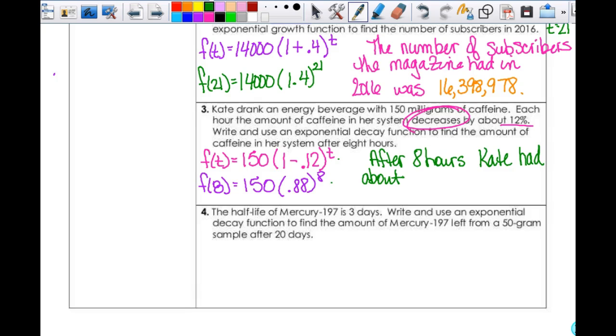So when we get, she'll have about, what'd you get? Zainab, what'd you get? Okay, but 3 decimal places.